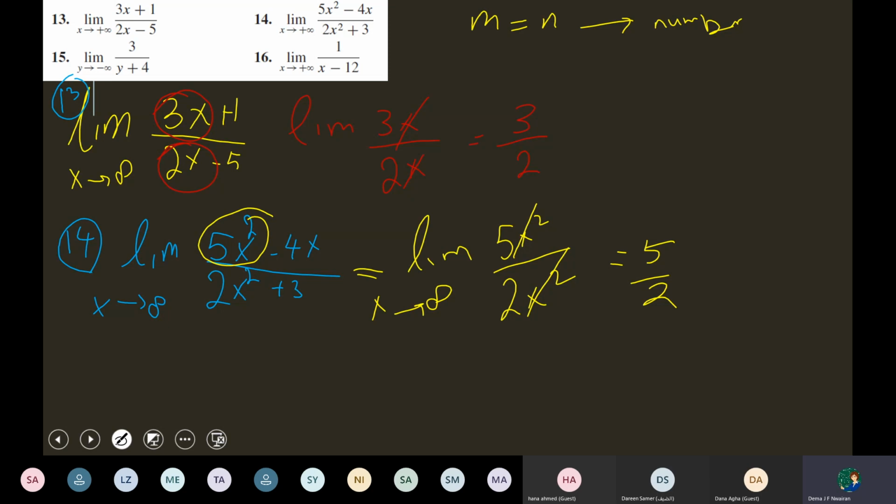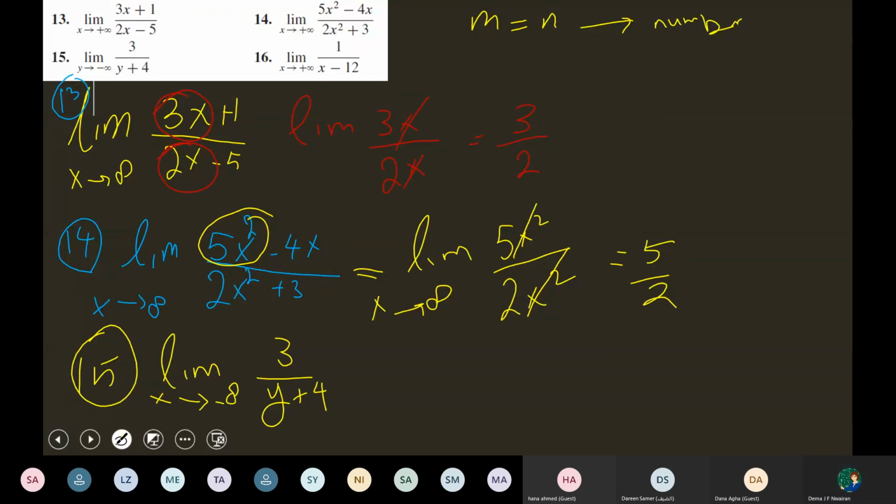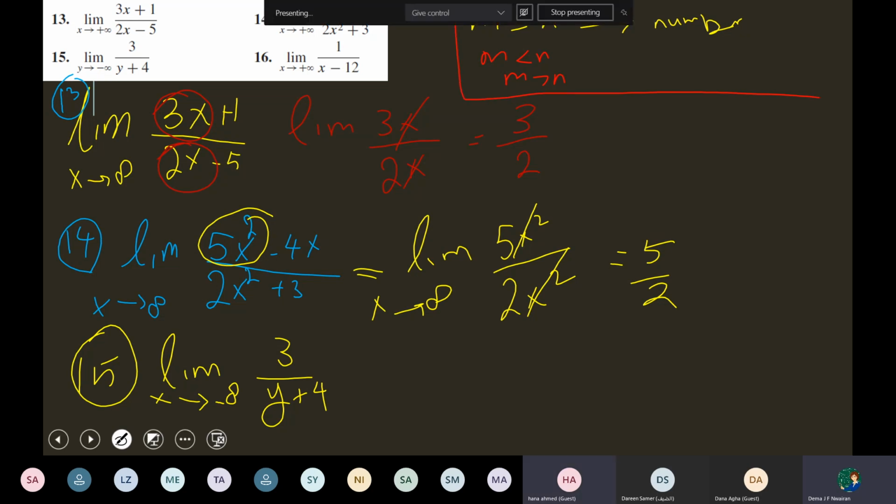Now, look at number 15. In number 15 here, we have the limit of 3 over y plus 4. So, here now, what is the greater power of the numerator?